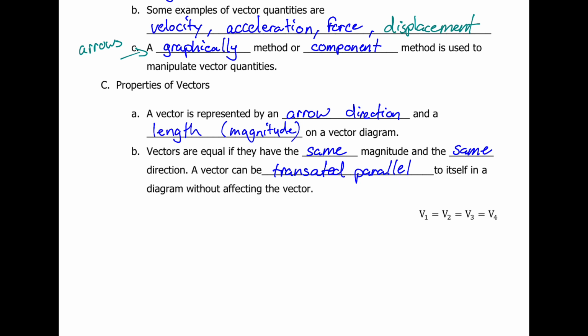So if you take a triangle that you've drawn on grid paper and then just shifted it to the left, that's called a translation mathematically. It didn't grow, it didn't spin, it just shifted parallel to where it was. So it's the same shape, it just moved from where it was. That's called a mathematical translation. And so anytime you translate a vector, it stays the same vector. You can move them around without changing what that vector is.